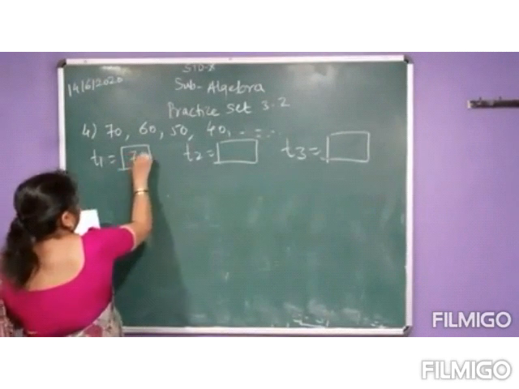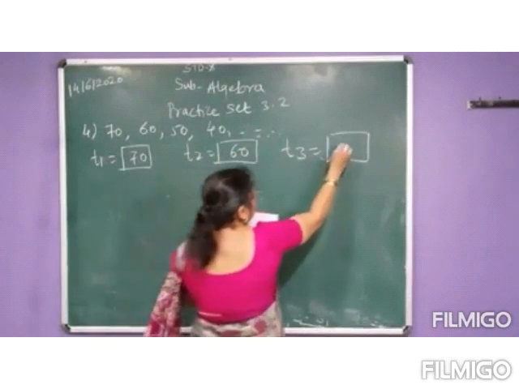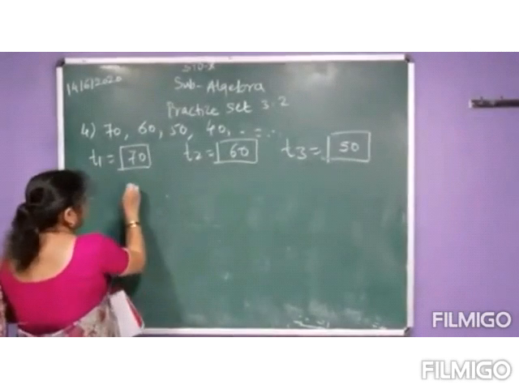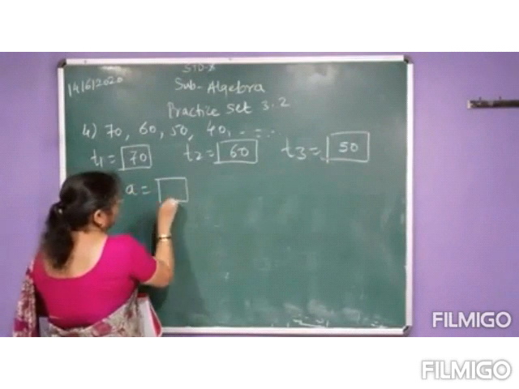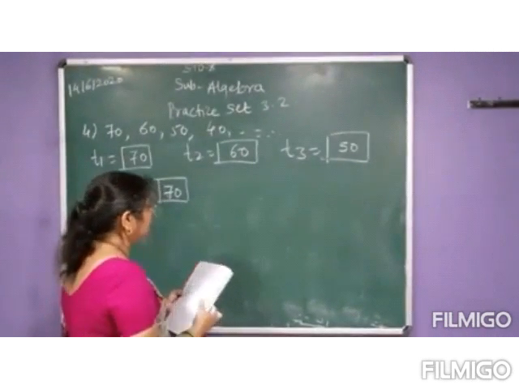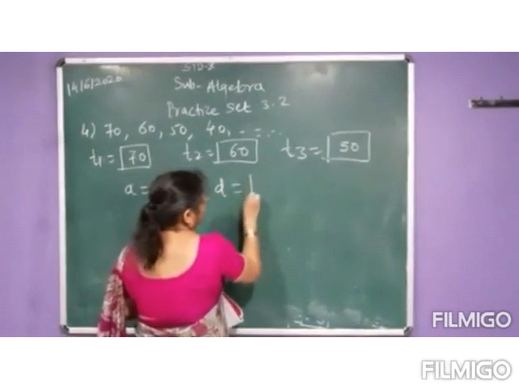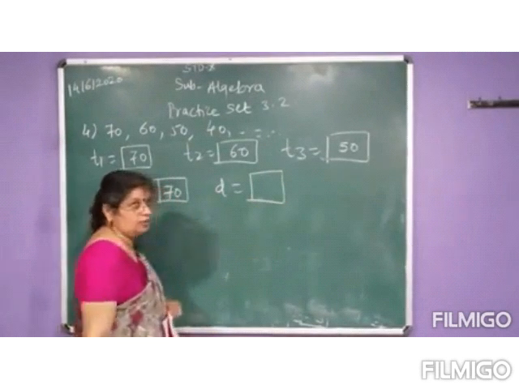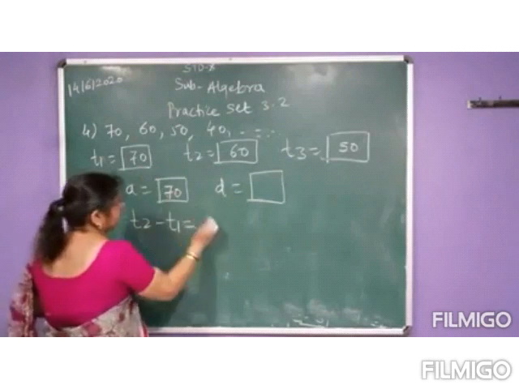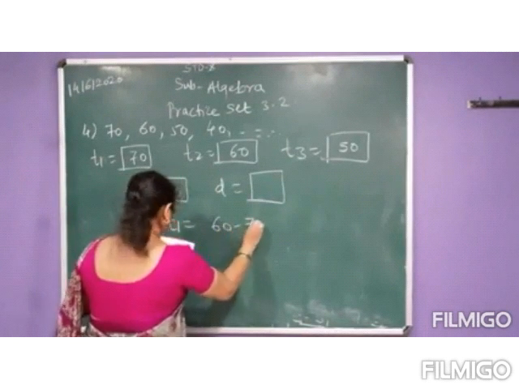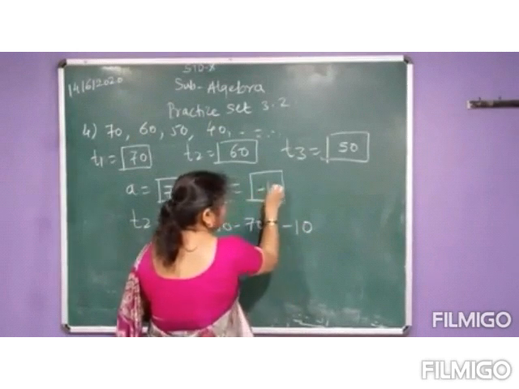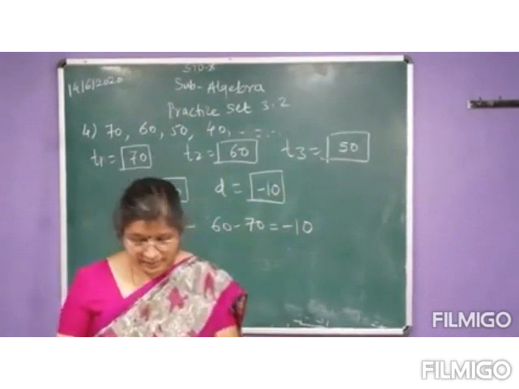T1 is 70, T2 is 60, T3 is 50. Now, what do you have to write down? What is the value of A? A is T1, that is 70. And D. Now see, here directly they have asked the answer. D is equal to what? So here you can do T2 minus T1. That is 60 minus 70. So here you will get minus 10. So what is the value of D? D is equal to minus 10.